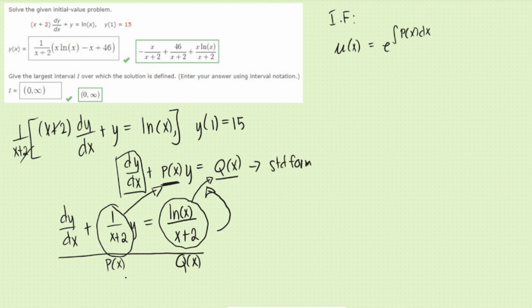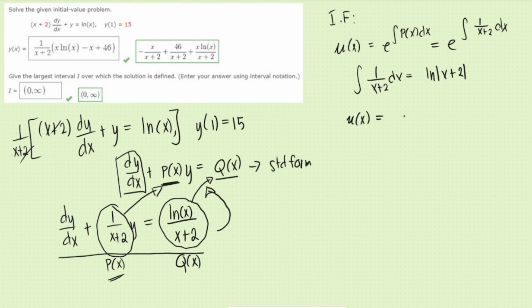Our p of x is 1 over x plus 2, so we plug that in, and the integral of 1 over x plus 2 dx is just ln of the absolute value of x plus 2 plus c, but we'll omit the plus c because we won't need it.